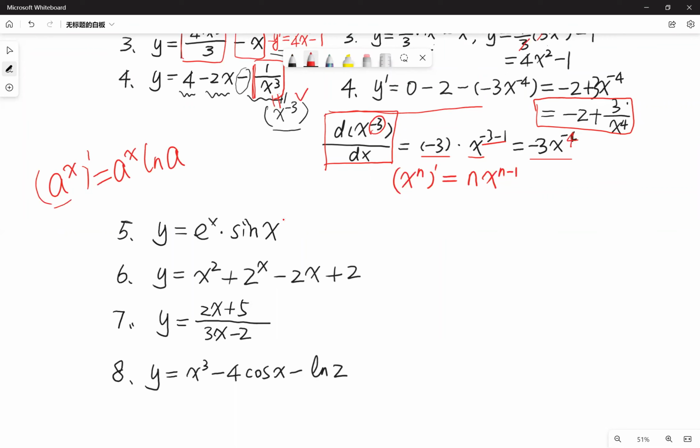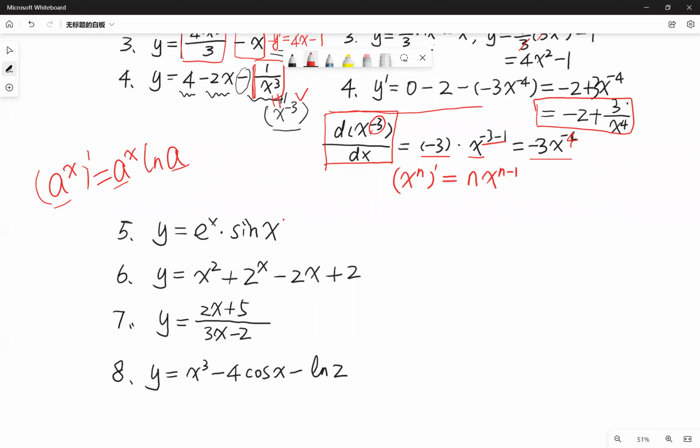A is a constant here. Laoshi, is it a to the power x or a times x? Which one? A to the power x, prime. Is it a to the power x or a times x?